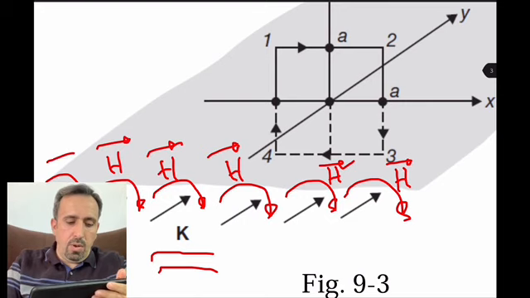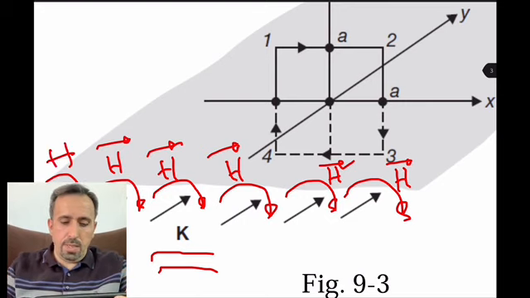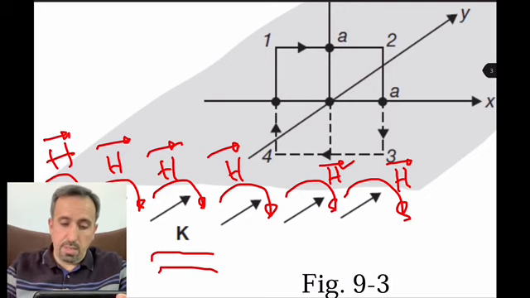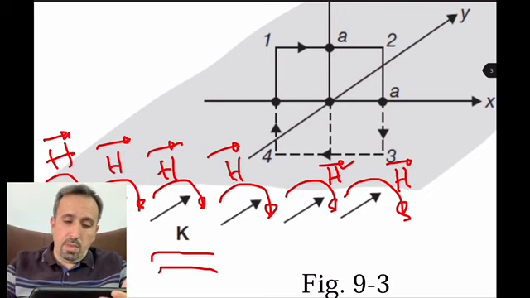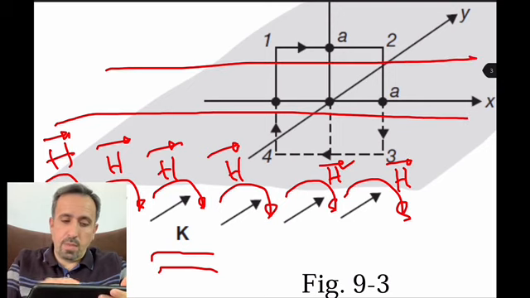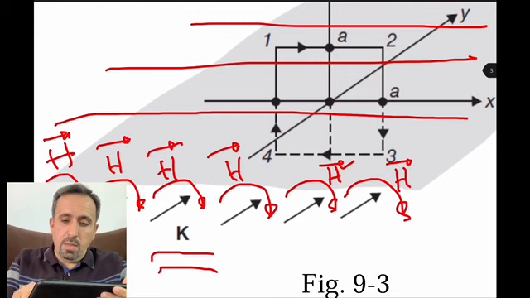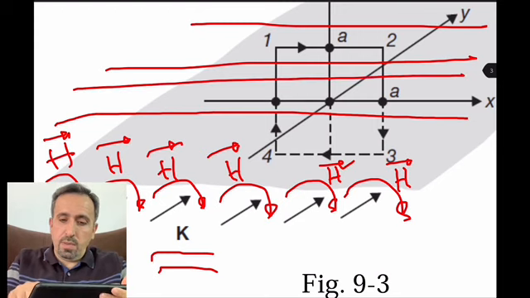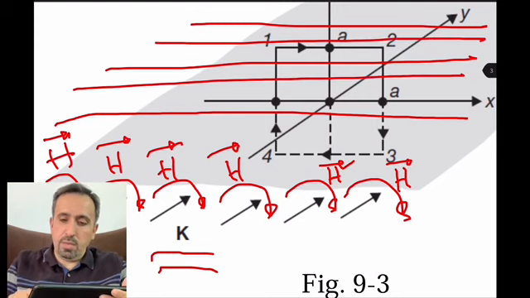Now all of these rings together will be unified to produce certain magnetic field lines like that. You can see here.